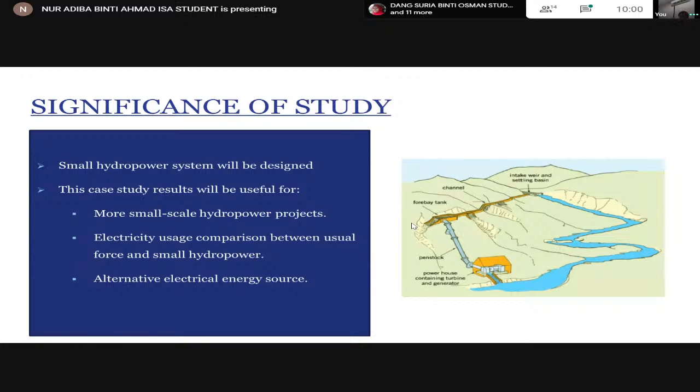We can also have an alternative electrical energy source: if we face any problem with the normal supply, we don't have to hesitate since we already have an alternative renewable energy source to generate the electrical energy we need in our daily routine. Next slide.